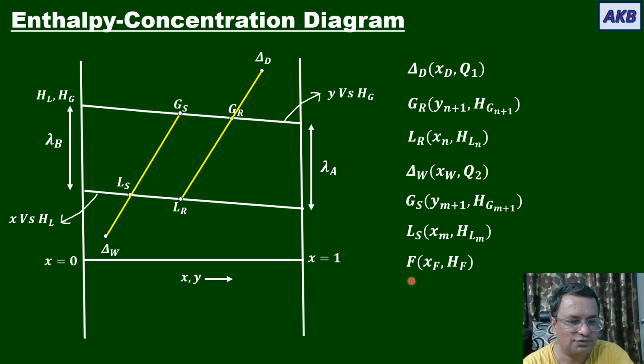Then the energy balance for the entire column gave us these 3 points. F with coordinates xF, HF.